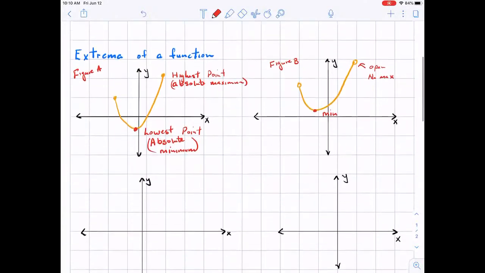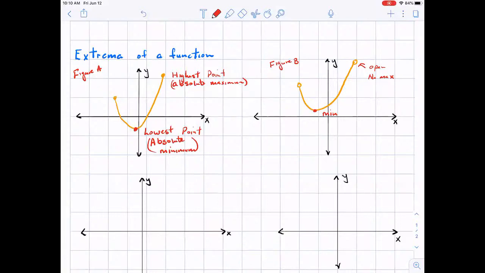Now, there is a difference between what we call absolute minimum and relative. The minimum and maximum of a function on an interval are the extreme values. The singular form of extrema is extremum.